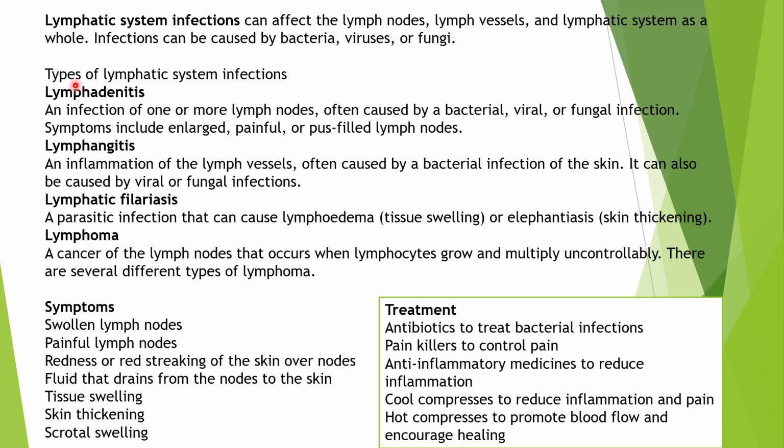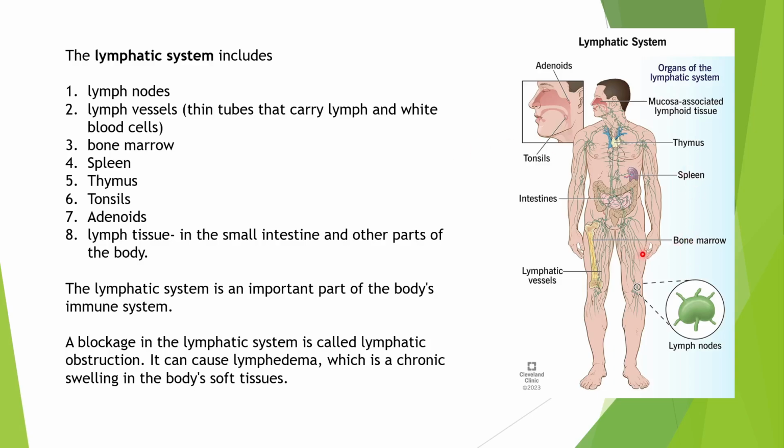So there are several types. So the basics are lymphadenitis, an infection of one or more lymph nodes, often caused by bacterial, viral, or fungal infection. Symptoms include enlarged, painful, or pus-filled lymph nodes. As we discussed, your lymph vessels come and converge at your lymph nodes, you can see here.